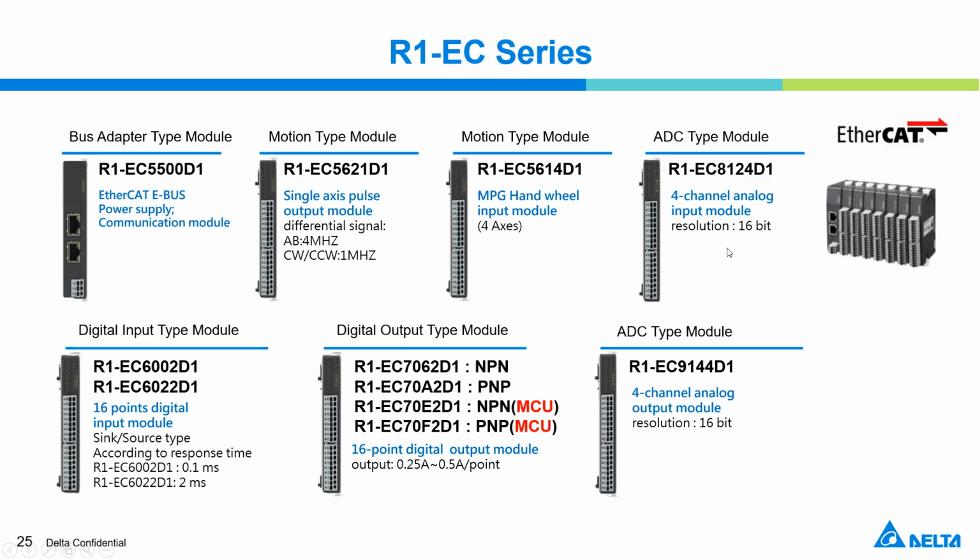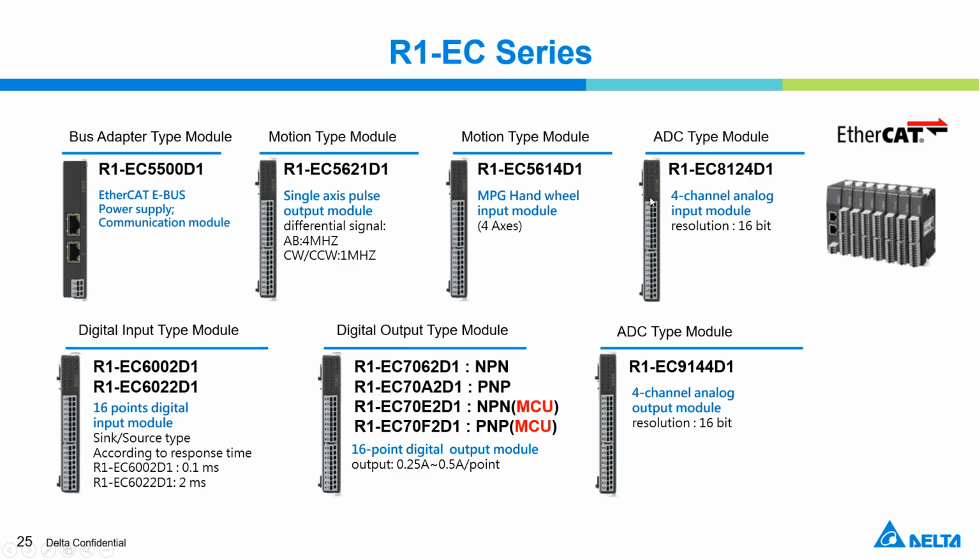And the disadvantage of this series is, if you want to use the analog input, for example this four channel analog input, in the software part you can only choose one analog type. It means if you have a current type and a voltage type and you want to connect them to this module at the same time, you cannot do that setting in the software.